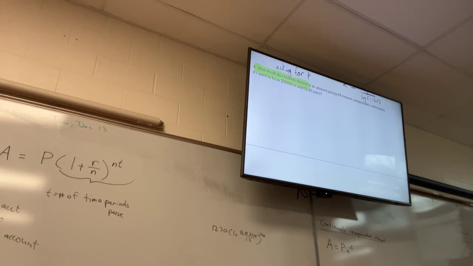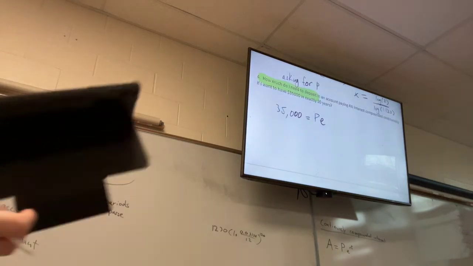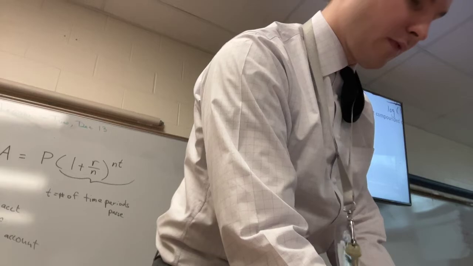Okay. So what's my A then? What am I going to plug in for A? What's the final amount there? $35,000. Okay? That equals P. We don't know what P is, so we're just going to keep it like that. Then e is just e. Okay? What's my r? 4% as a decimal is 0.04, right?